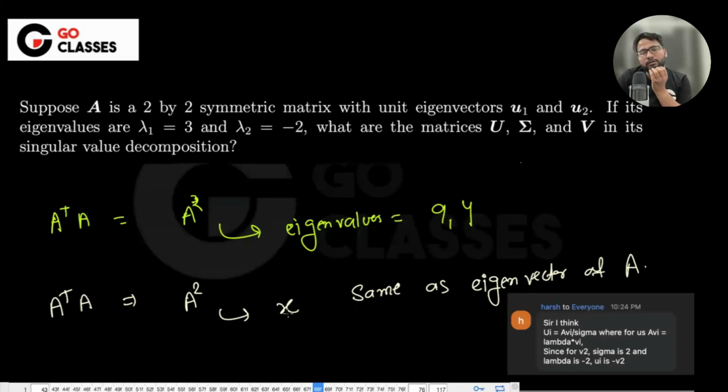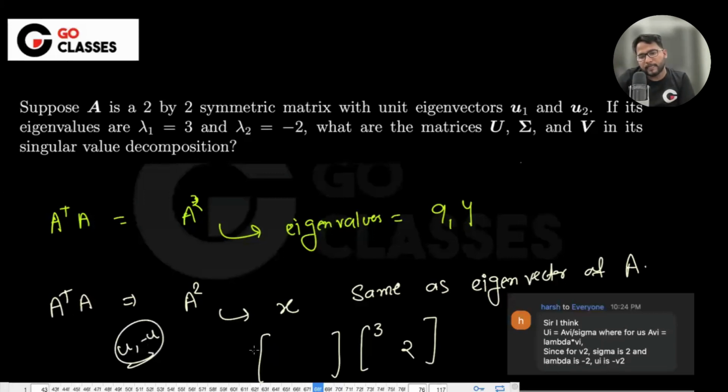These are the eigenvectors. I need to write eigenvectors of A square here, and the square root of the eigenvalues 3 and 2. Eigenvectors will be this, and also multiplied by minus, that's fine. I mean, the eigenvector is u, also minus u, that's fine.